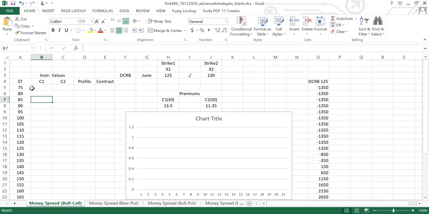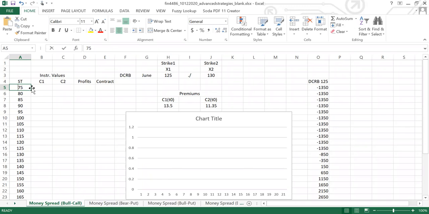So for instance, we have this first price for the stock, which is 75. In other words, we are assuming that our worst case scenario is that the stock will drop to a price of 75. But you could start this at 0, so there is no problem, right?